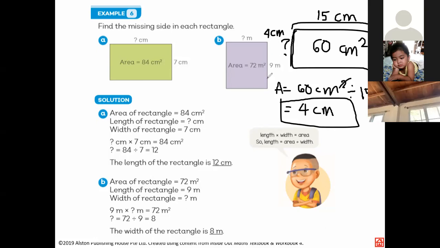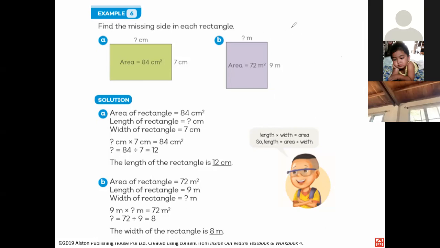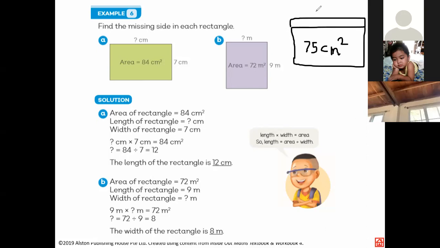All right, another example. Let's say the area of this rectangle is 75 centimeters squared, and the measurement of the length is, let's say, 25 centimeters.